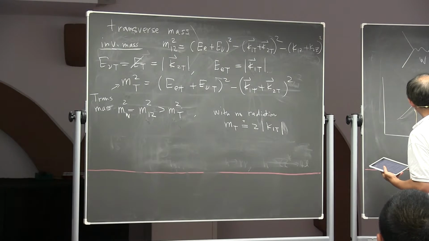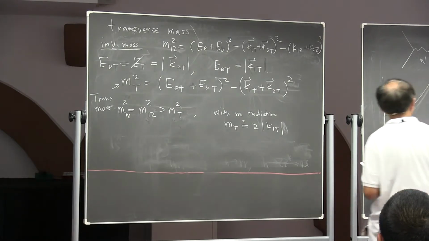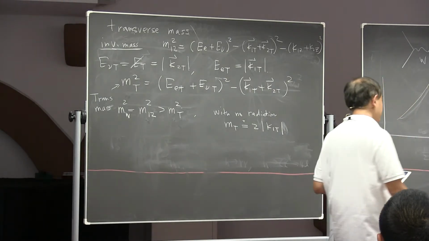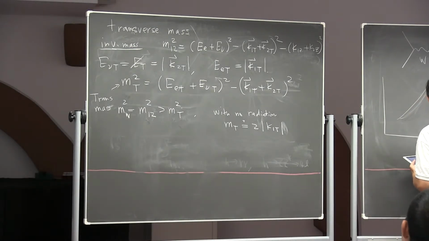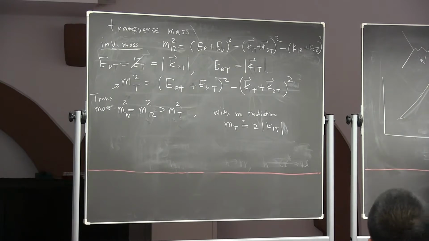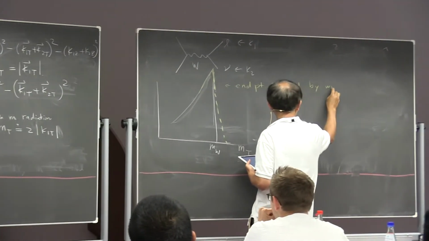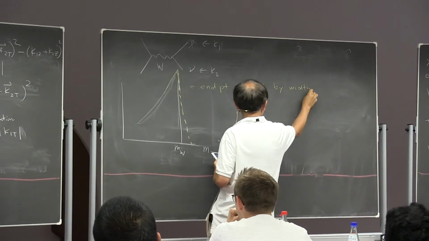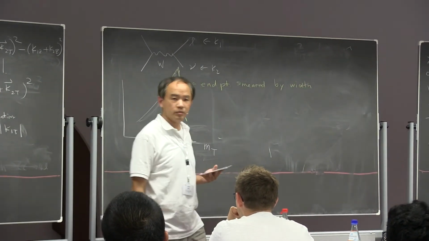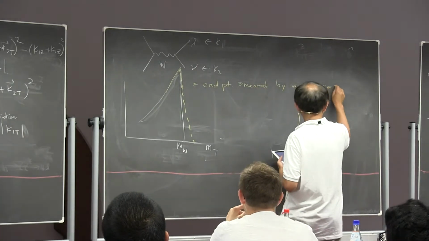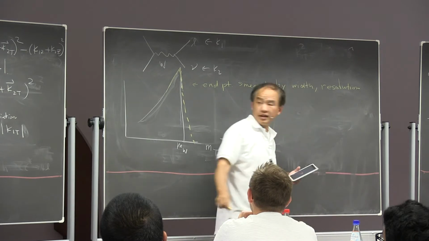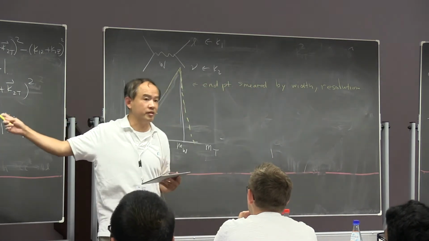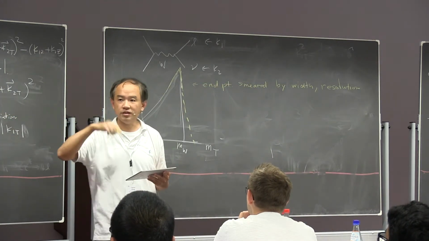The first thing is the endpoint is smeared by the width, but also by resolution, by the accuracy with which you can measure the momentum. It will smear the endpoint too.